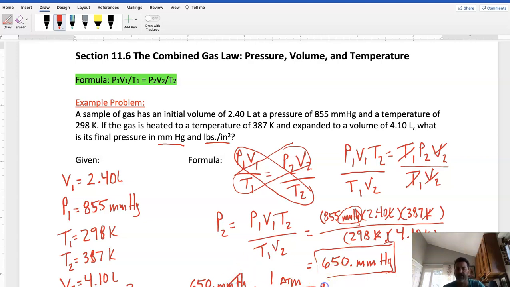And then I can go from atmospheres, ATM, to PSI, or pounds per square inch, and it says 14.7 pounds per square inch equals 1 atmosphere. So I can now cancel that out. So I got to use a little dimensional analysis to convert my answer to pounds per square inch. And when I do that, I should get 12.6 pounds per square inch. Hopefully that was helpful.